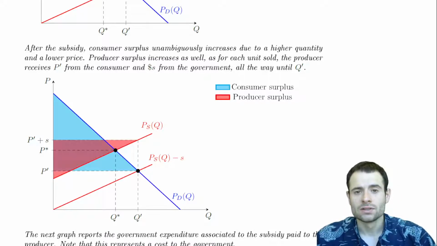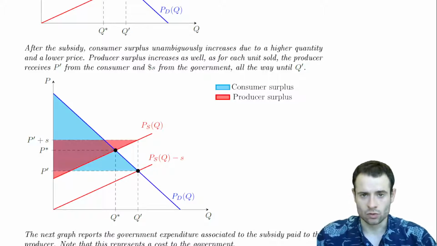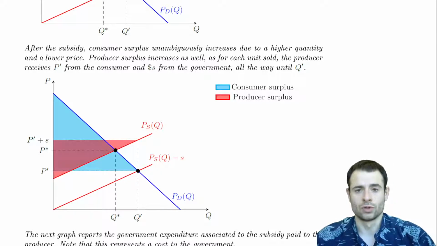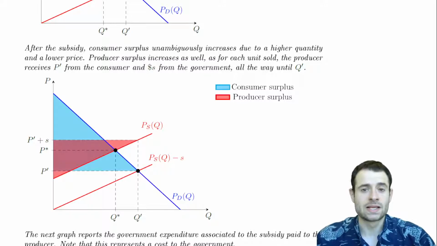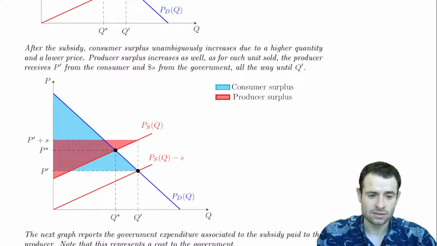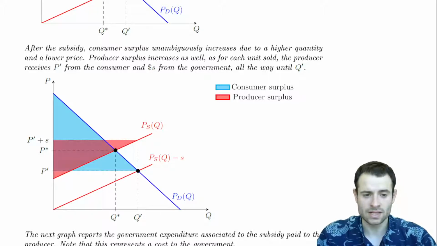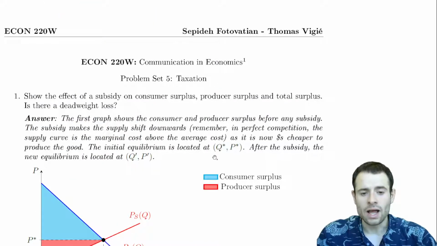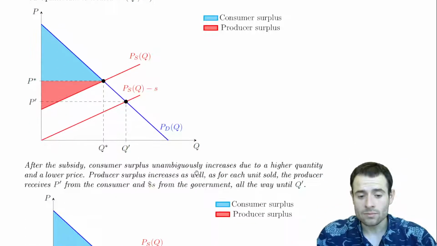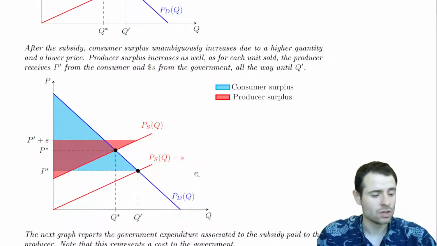Now, for the government, paying a subsidy equal to S for each unit produced represents a big expenditure. So that will represent a negative surplus. This negative surplus will amount to the amount of the subsidy S, which can be represented between P prime plus S and P prime, times the quantity that is being sold, Q prime.